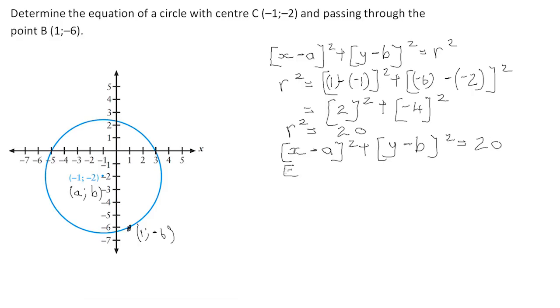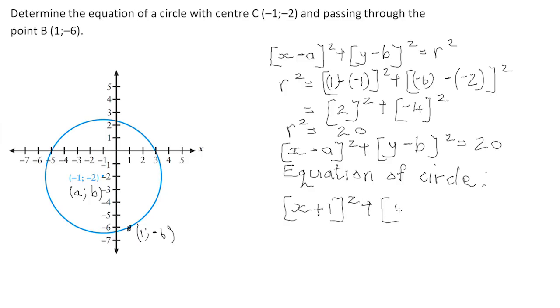So finally, our equation of the circle, we will now substitute the a and the b values. x, very important, minus -1 will give you a plus 1, squared, plus y minus -2 will give you a plus 2, squared, equal to 20.